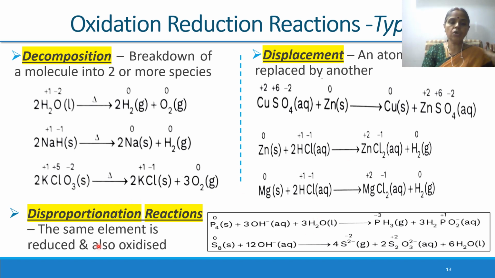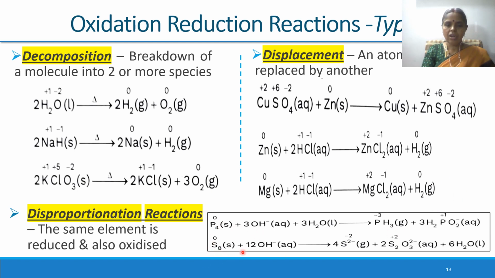Then of course, let us go to the disproportionation reactions. These you have already learnt in your intermediate level. These are the reactions in which the same element exists as an oxidized form and as a reduced form in two different compounds among the products. The same element on the reactant side will both get oxidized as well as reduced. You can see here phosphorus in 0 oxidation state is oxidized to -3 in one compound, +1 in another compound.